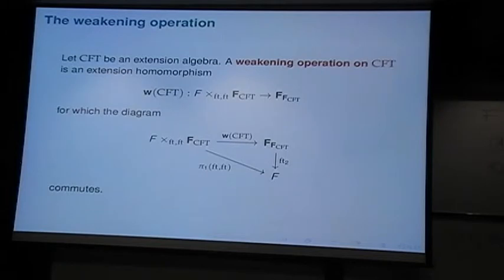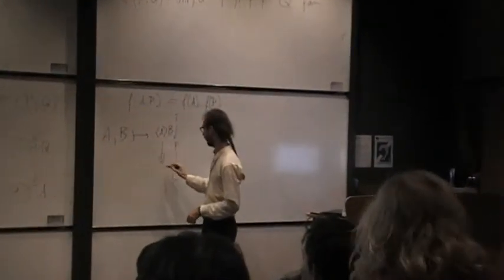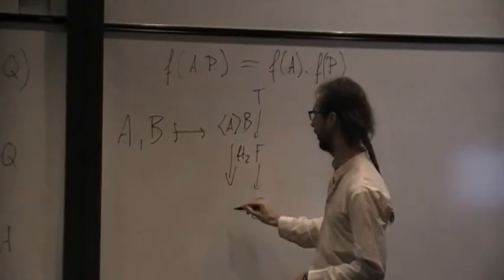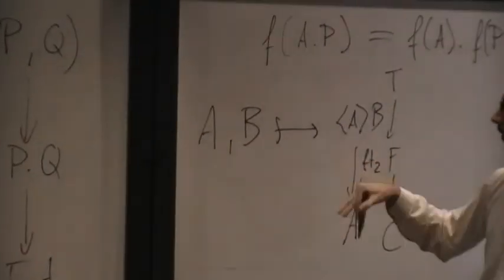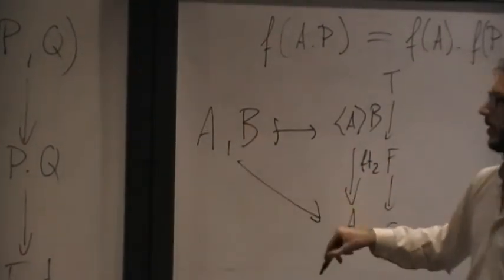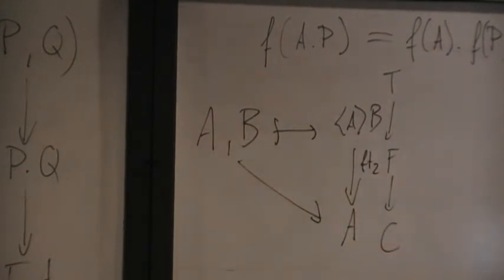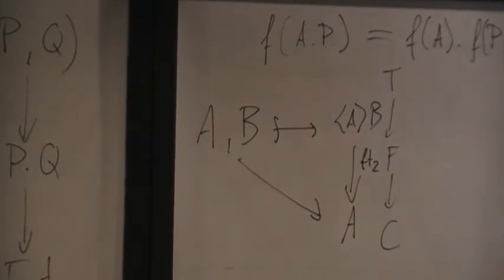If you weaken and you look at the underlying context, you see that it's going to be A. So if you start with A and a B, and you weaken that, you get an A, B, then the underlying FT2 is going to give you the A, and that's just the projection. So that diagram has to commute, and you can just read it off from the rules.